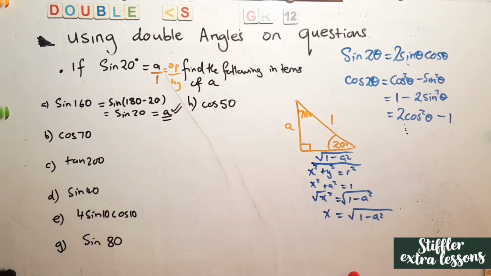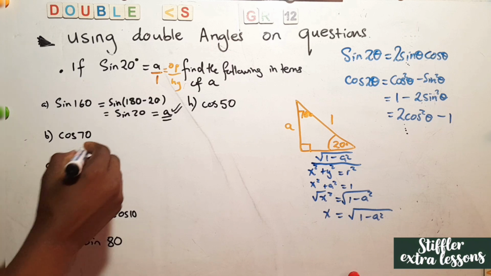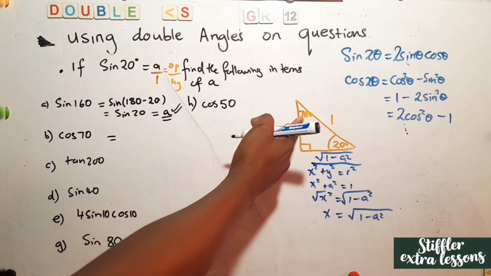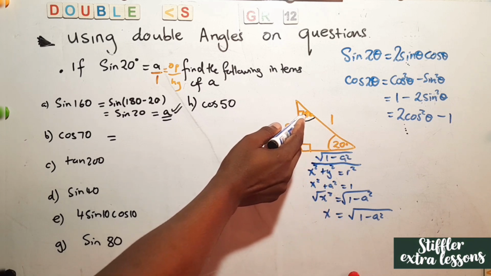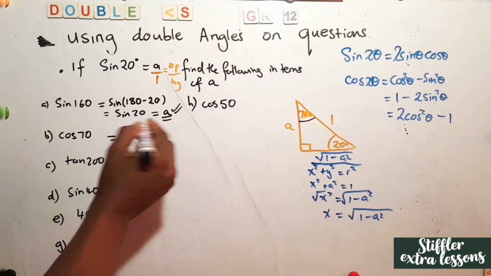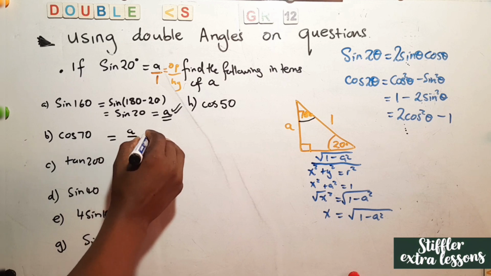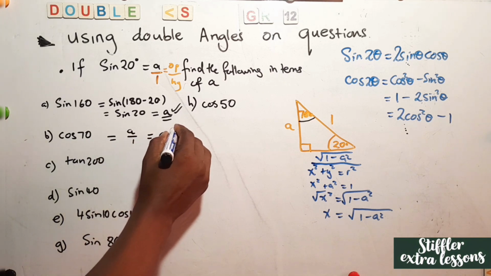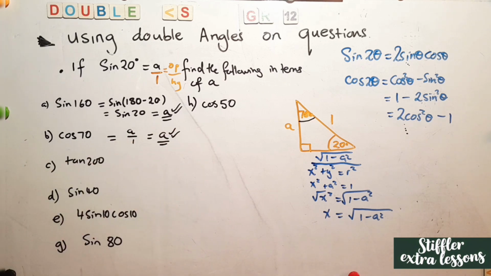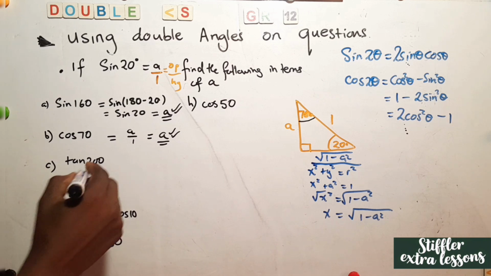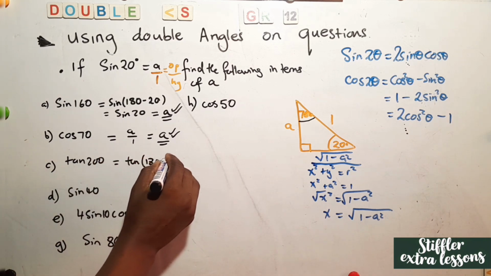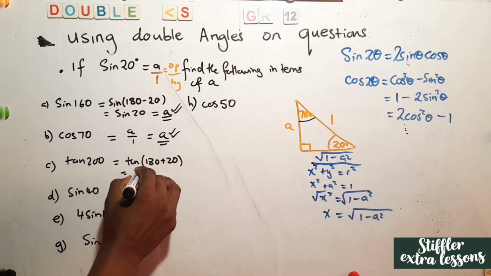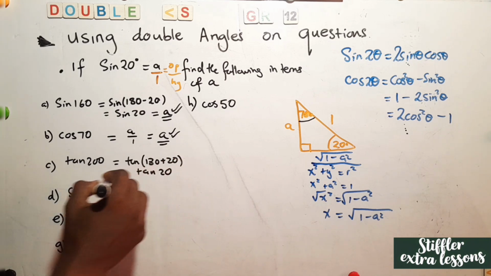So now we move to the next. They said cos of 70. So cos of 70, we look here. Fortunately, we have this 70. So 70 here, it will be adjacent over hypotenuse. So that's a over 1, which is simply a, like that. And we move to tan of 200, which again we can reduce by saying tan of 180 plus 20, which is tan of 20.